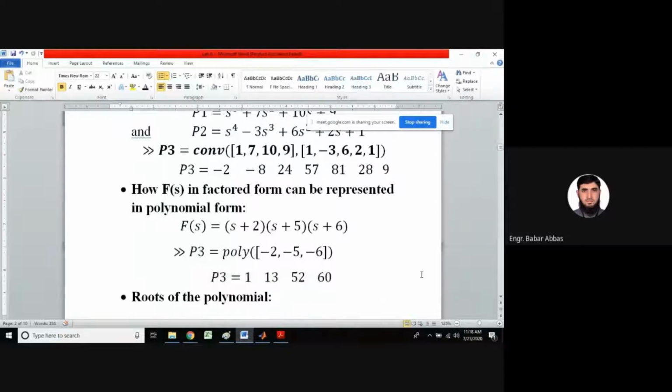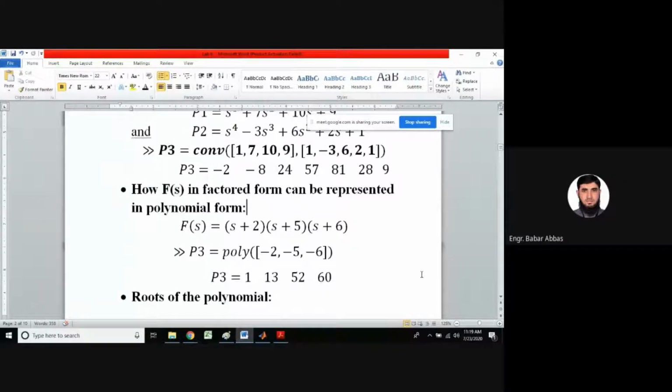If we are having polynomials and we multiply the two polynomials, we will use the command convolution, and that might be in the time domain as well. You are having a transfer function or a polynomial, and that is in the factored form.